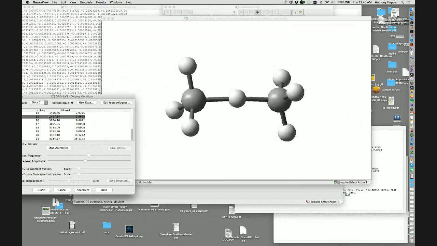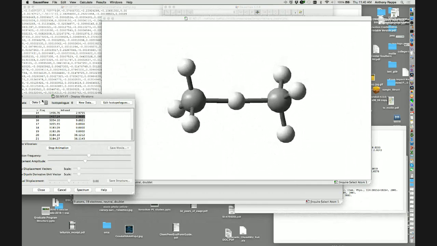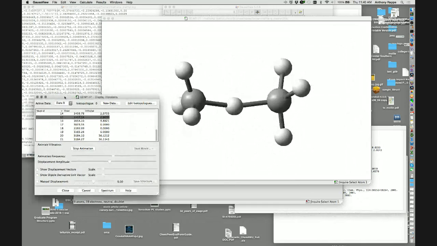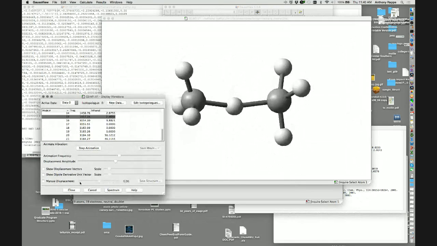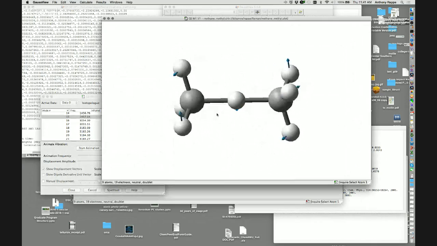Questions? How did you get to that page, where on the Gaussian bar did you press to get to the one where it shows all the bending? Stop this. Instead of animating, you can actually just show the displacement vectors.